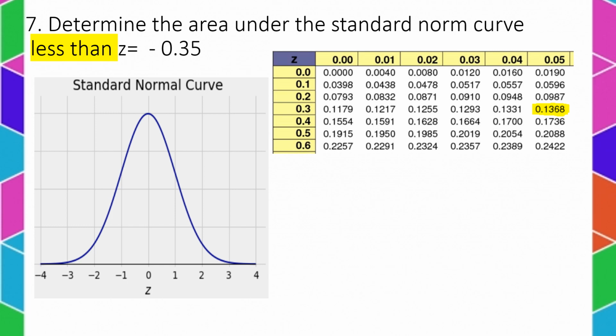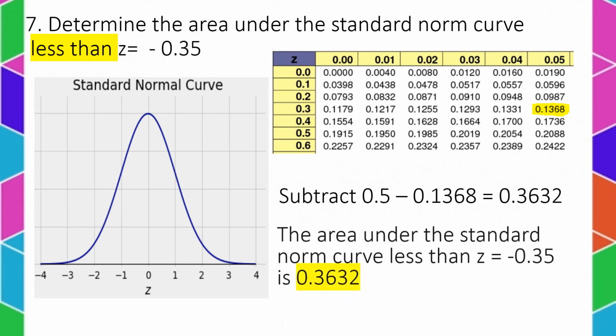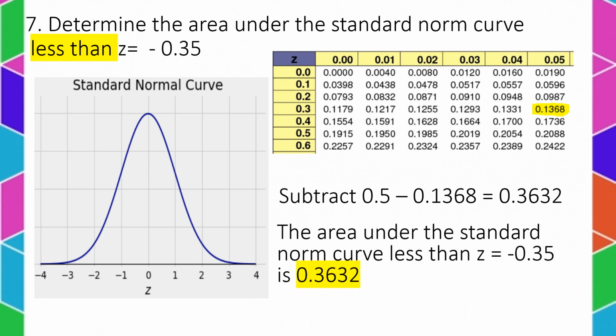So we have 0.1368. Okay, are we going to add or subtract this from 0.5 kung less than yung ginamit? Okay, so we have to subtract from 0.5 minus 0.1368. This is equal to 0.3632.